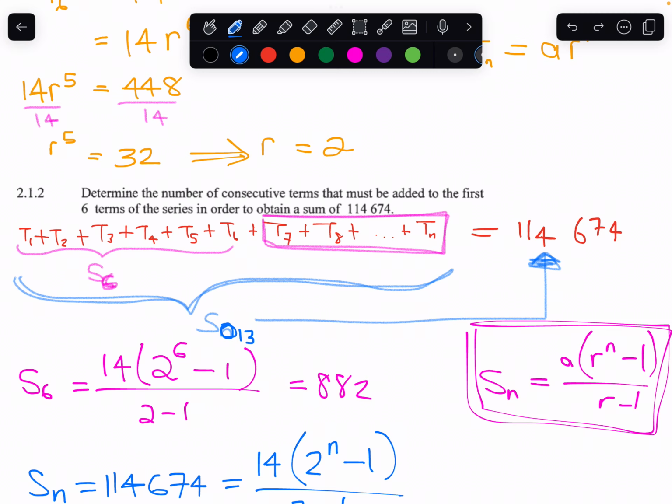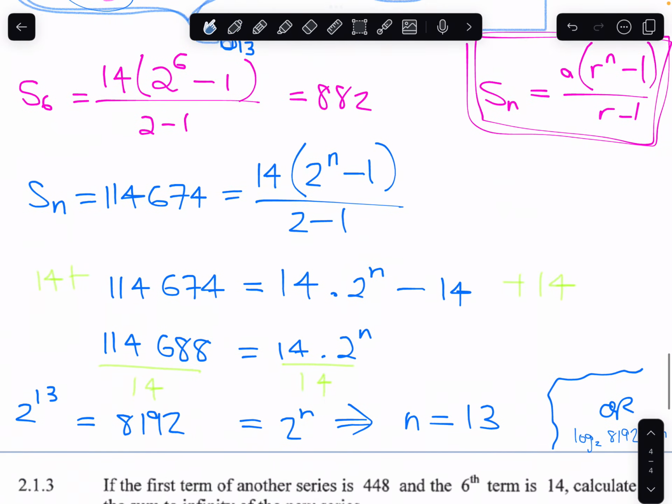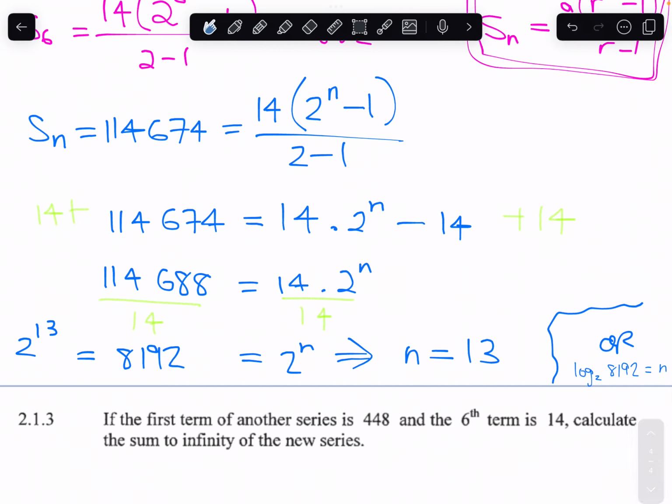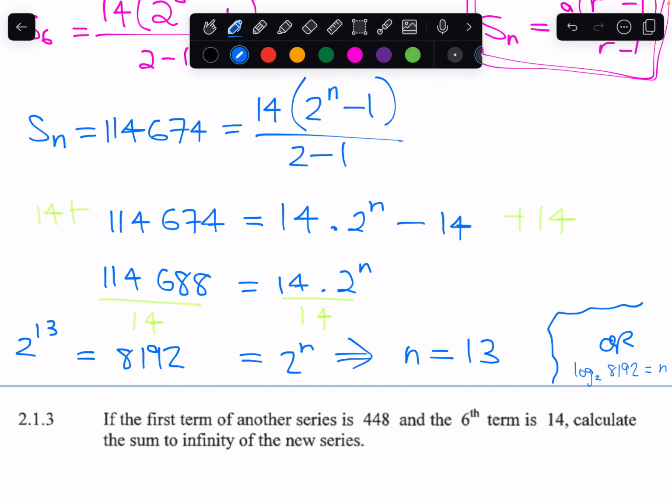So if we know that the first 13 terms add up to it, the number of terms that were added on is 7, because we already have the 6 over here, and with an extra 7, we get to this total.